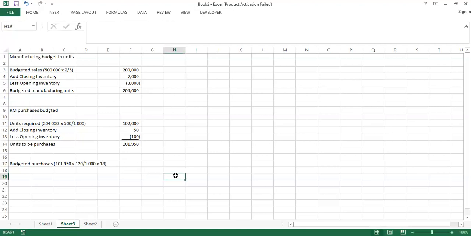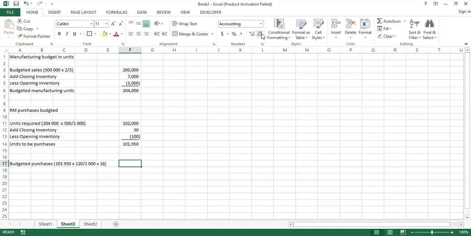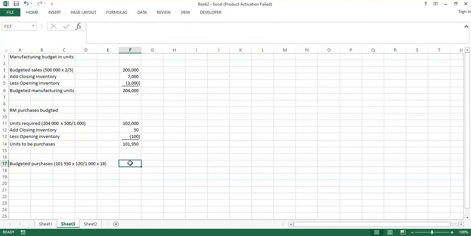So if you like, you can find the price per gram, right? You can basically find the price per gram, and then you multiply by 101,950 times 1000 grams, since that's in kgs. But that might be a little bit complicated. I think it's a little bit easier this way. Right, so here, 120 divided by 1000 basically gives us how many kgs 120 is.